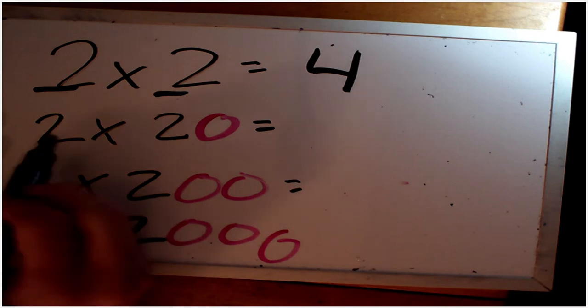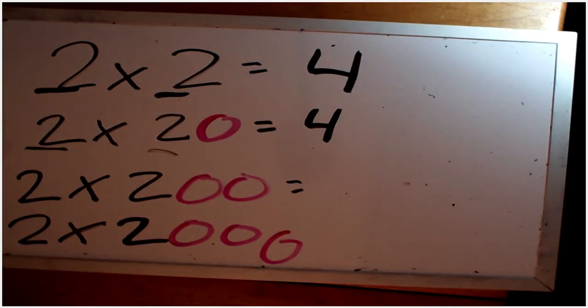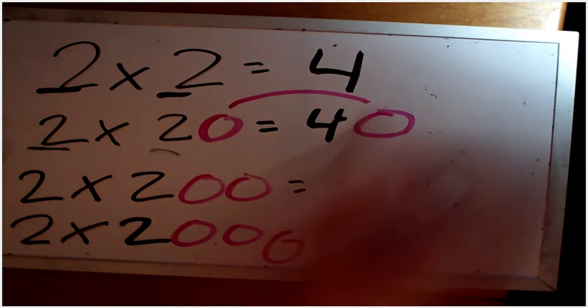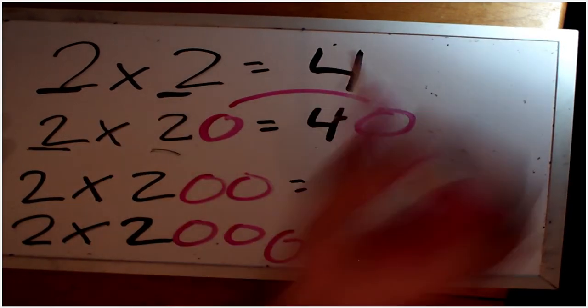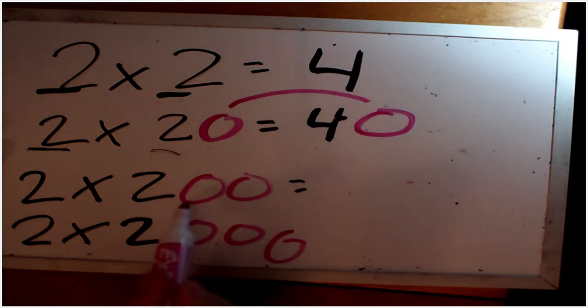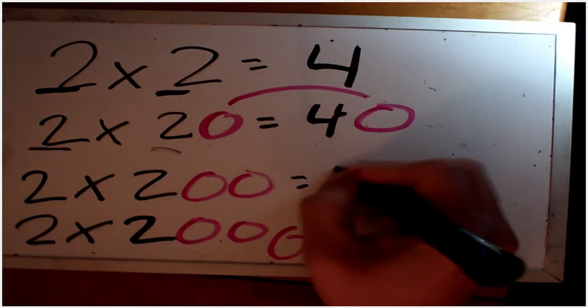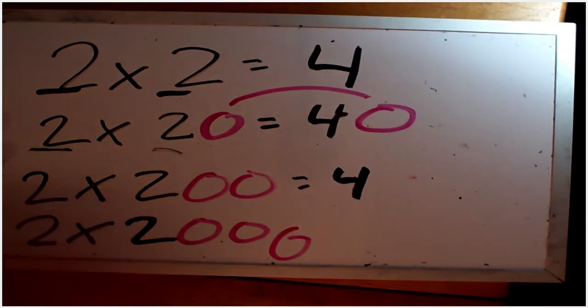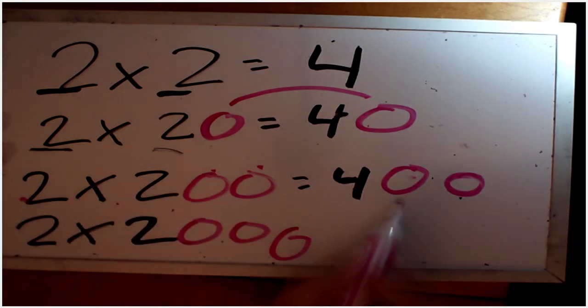I would look at 2 times 2 is 4. Remember, we bring over the 0. So 2 times 20 is 40. 2 times 2 is 4. That pattern is just adding as many zeros as we have from that multiple of 10. 2 times 2 is 4. In 200, we have 2 zeros. 2 times 200 is 400.